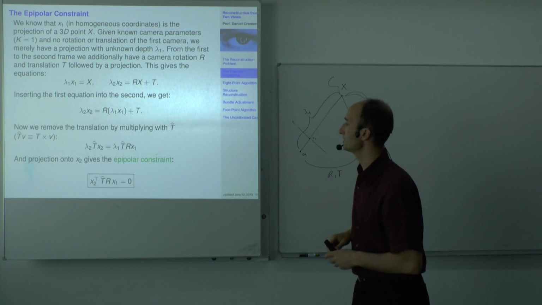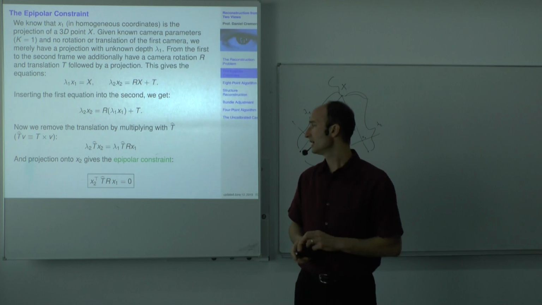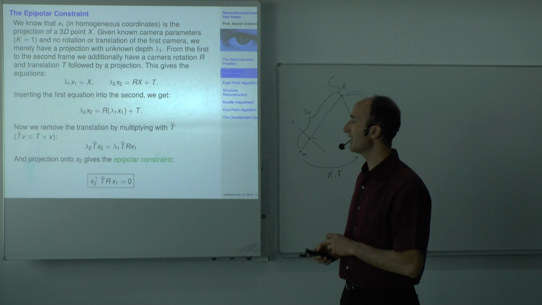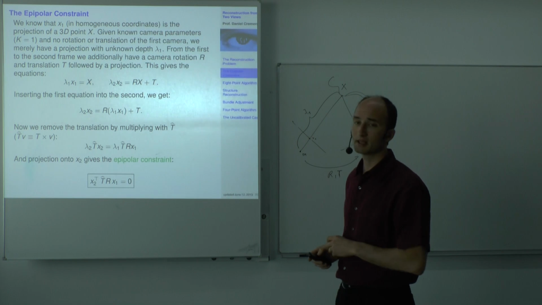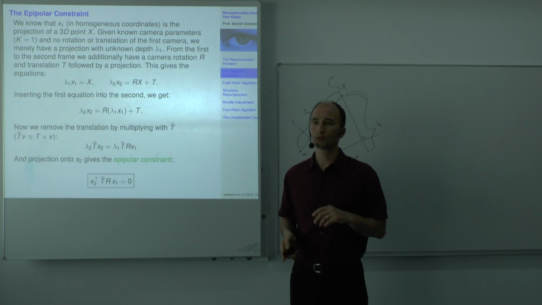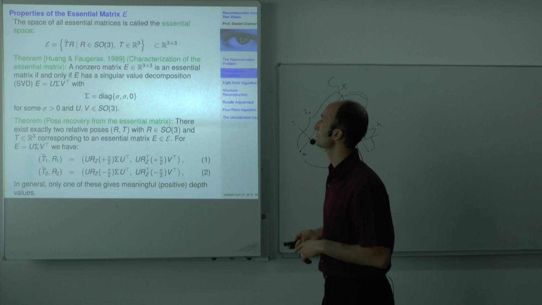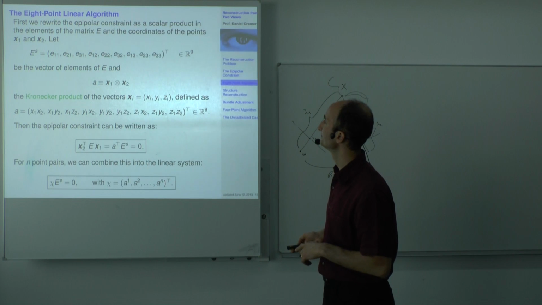It's not yet an equation that allows you to directly extract the camera motion. And in order to do that, we take a number of such constraints and stack them, combine them appropriately in a matrix system. And this is what we did here.